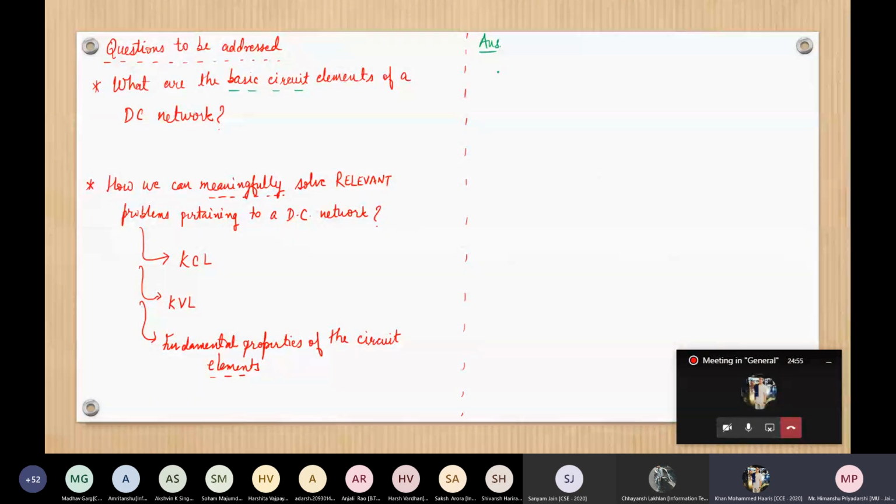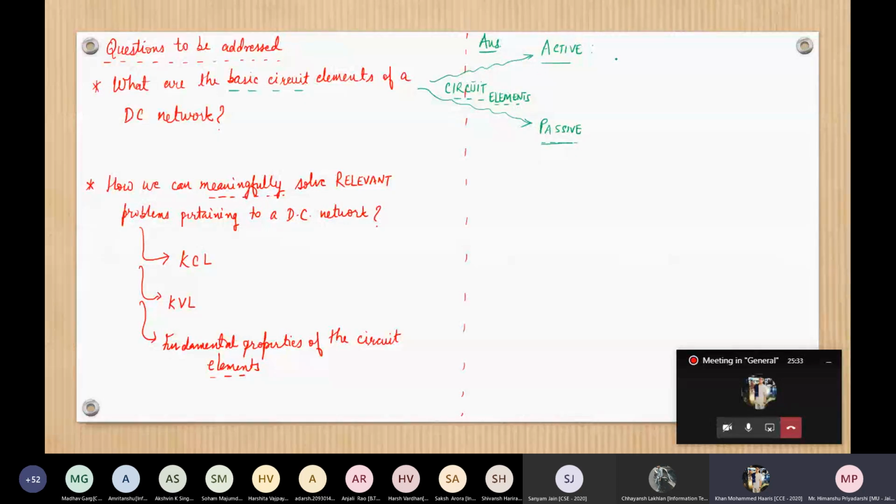Okay, so again they come under two categories: active, passive. Active and passive circuit elements. We will not provide you the full list now.